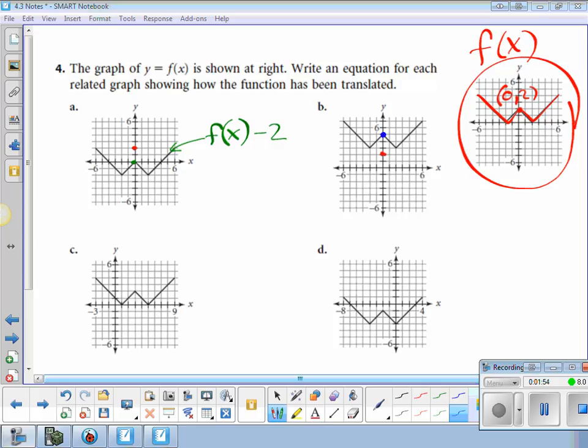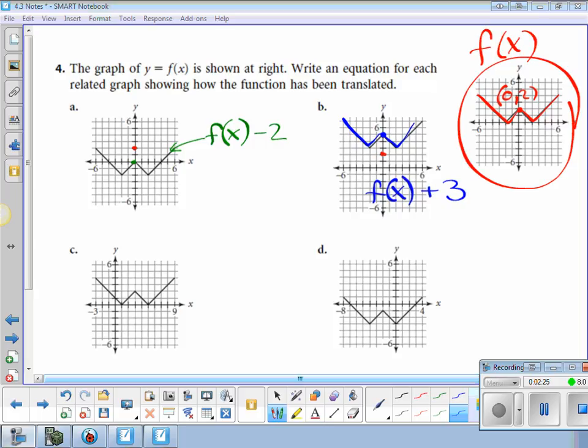Now it's how far, which way? From its red position, 3 up. So that function machine that produced this picture is now up 3 from its original position. That's the equation that you write. Okay? That's all you need to do to show me if it goes up or down. f of x minus 2 for down 2, f of x plus 3 for up 3.